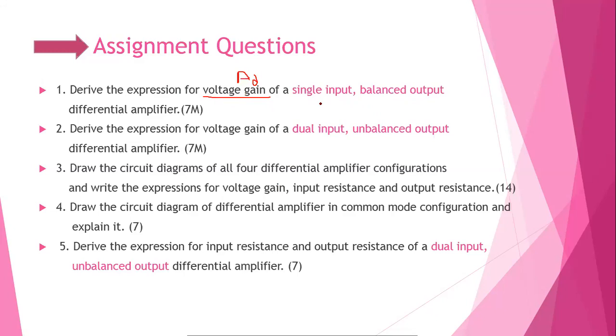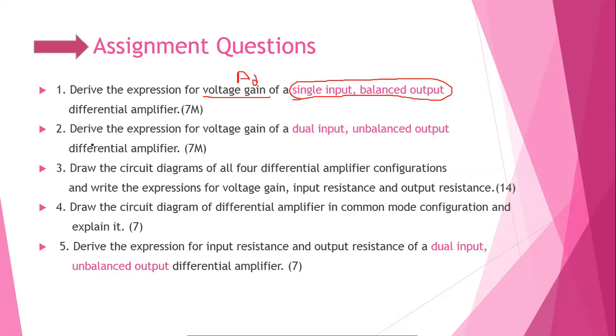So the derivation for all the four configurations will be the same, but finally you have to check which type of configuration has been asked. Depending upon that, we have to change the final answer. The derivation, everything will be the same for all the four configurations. We need not worry or be confused about that. So for all the four configurations, you need to practice only one part of the circuits.